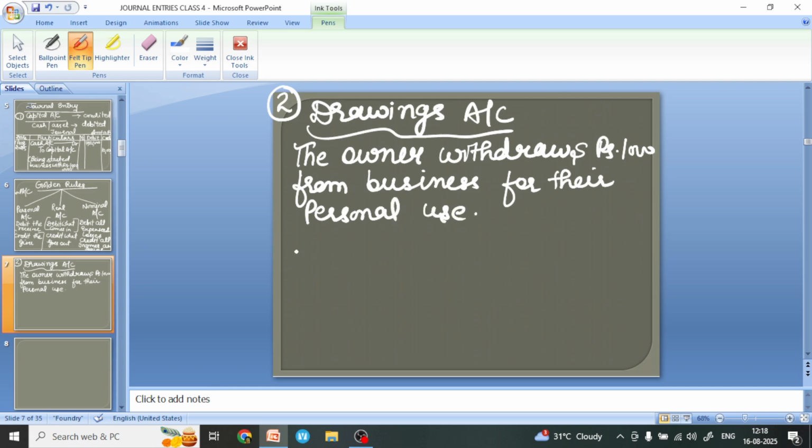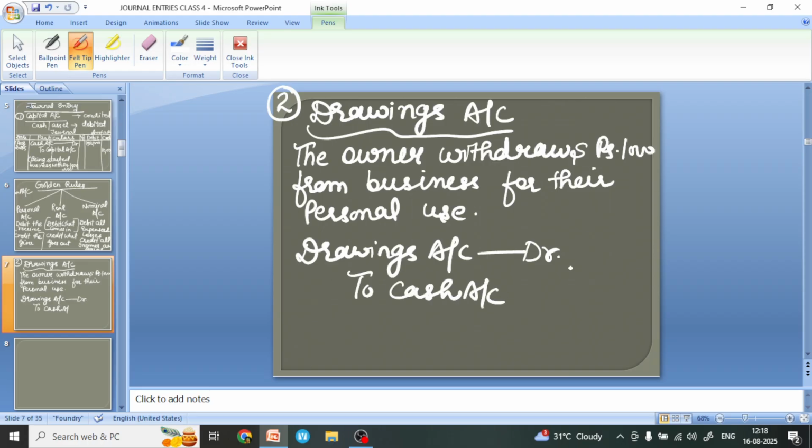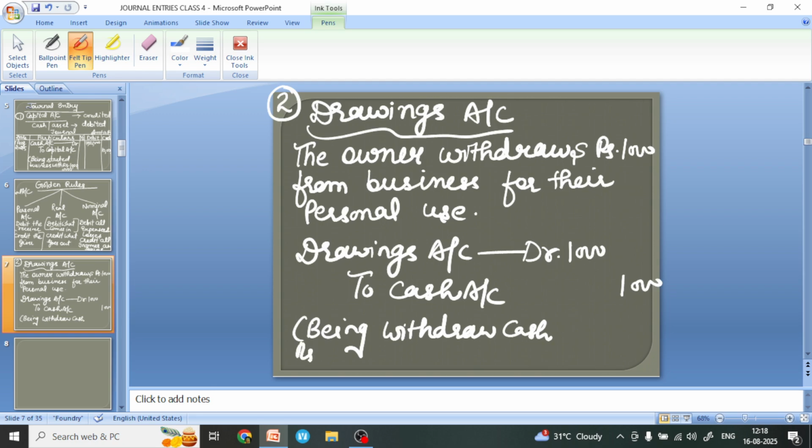Then entry will be passed: drawings account debit to cash account 1000, 1000, and narration will be: being withdrew cash rupees 1000 for personal use.